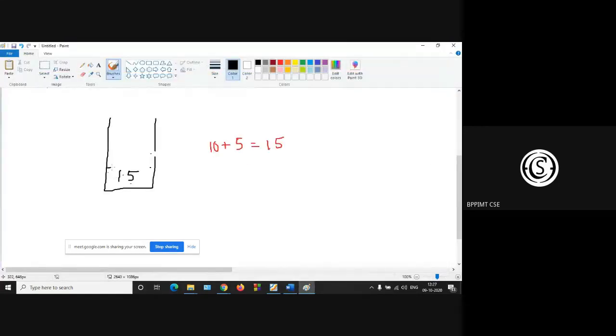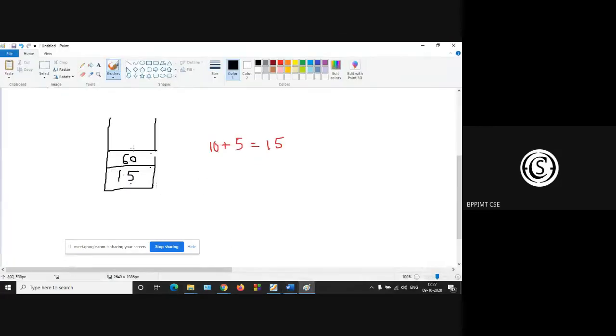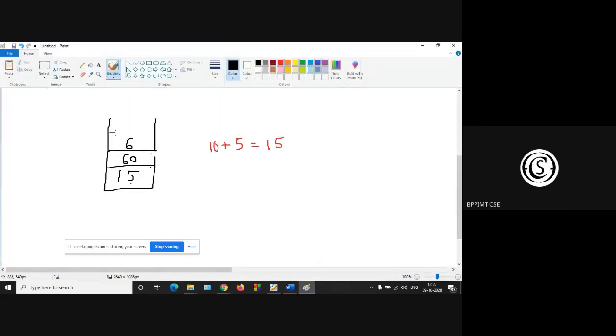So we put this 60 here. Next one is 6. Push 6 here. Next one is division. So what should we do?